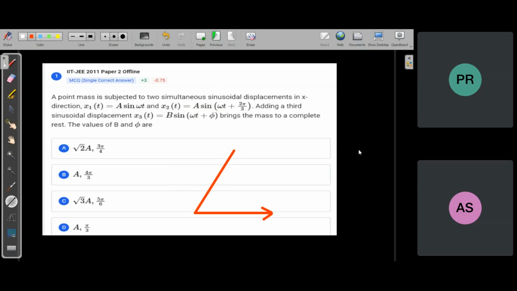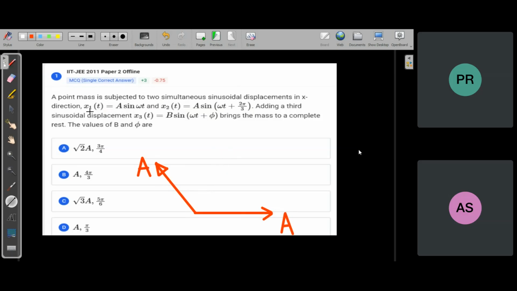Phase difference is 2 pi by 3, means 120 degrees, like this. This represents amplitude a, and this represents amplitude a.